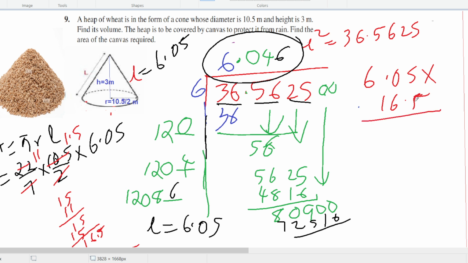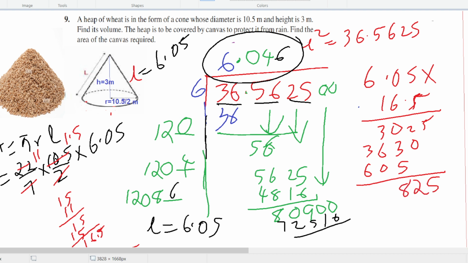So here 5 into 5, 25, then 6 into, so that will be 30, right? Then 5 into 6, 30, 6 into 6, 36. Then the same number, 5, 0, 6. Then 5, 2, 8, 9, 9.